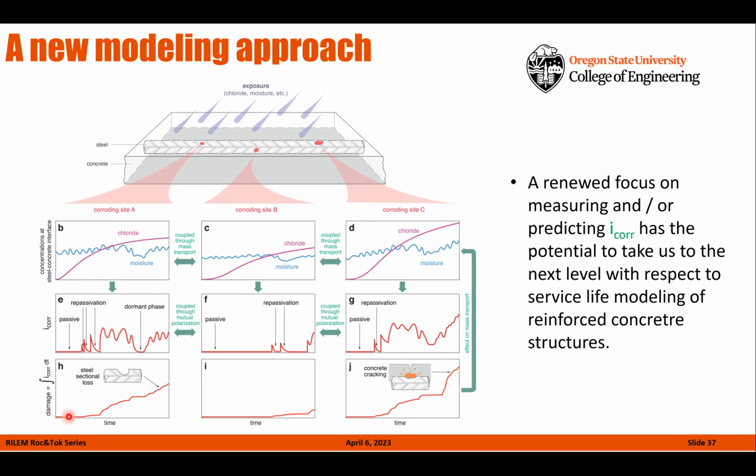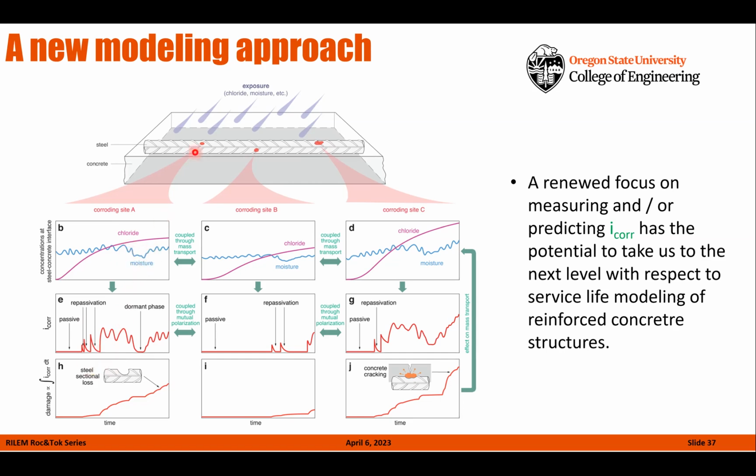So that period was initially described as initiation stage, but this doesn't change the fact that when chloride content increases, the passive film may break down, but it may repassivate even at very high chloride contents if the conditions reduce the corrosion rates to very low levels. And this might happen at low moisture cycles, for example.